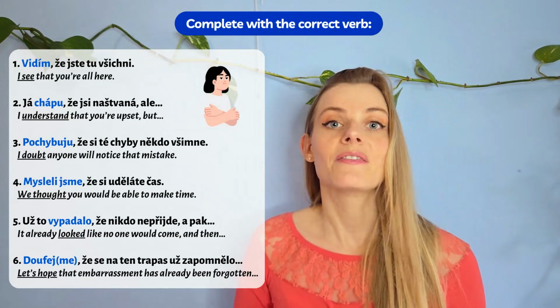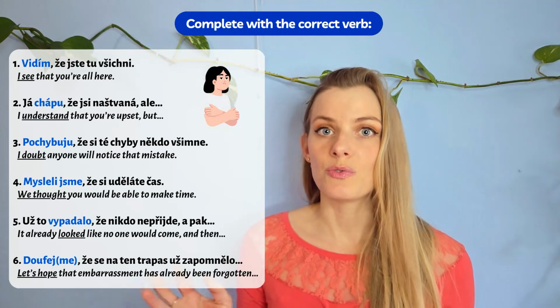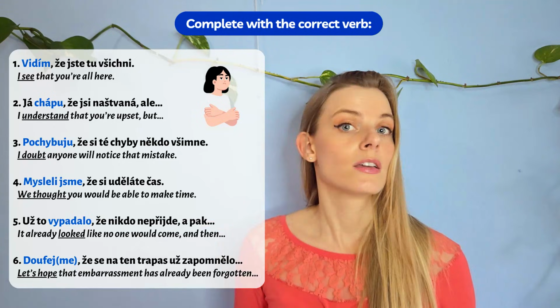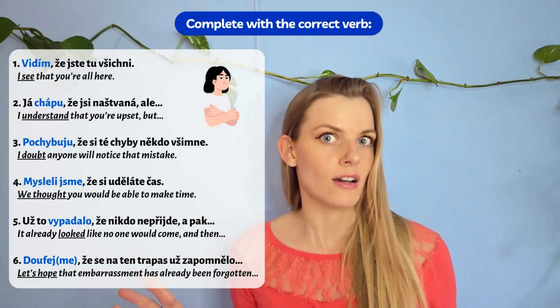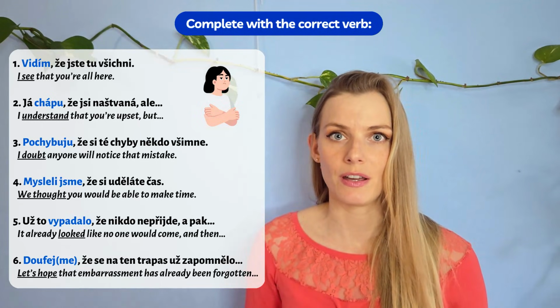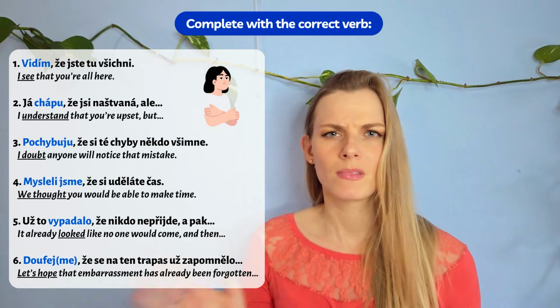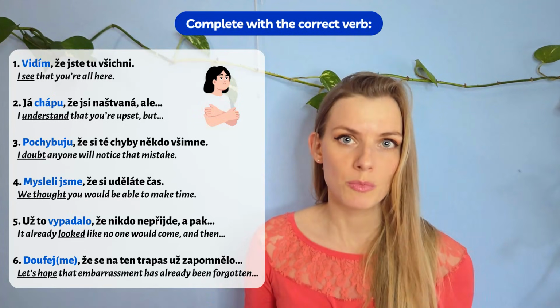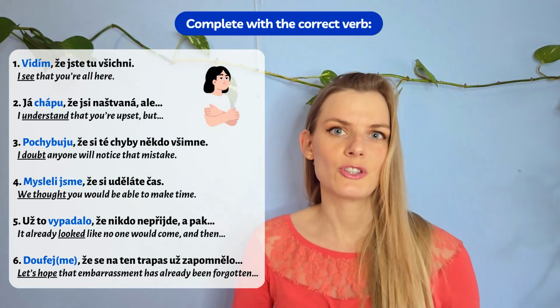Číslo 1. Vidím, že jsme tu všichni. Vidím, že. Číslo 2. Já chápu, že jsi naštvaná. Číslo 3. Pochybuju, že si té chyby někdo všimne. Pochybuju, že. Číslo 4.